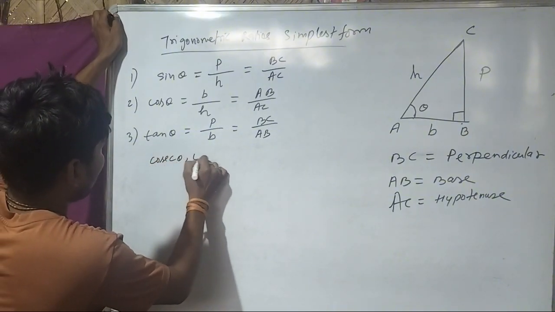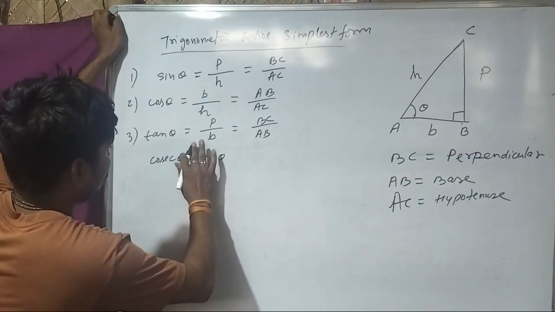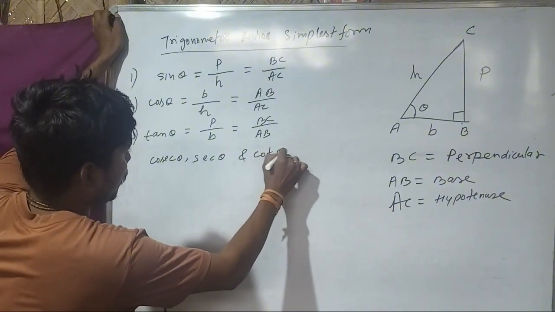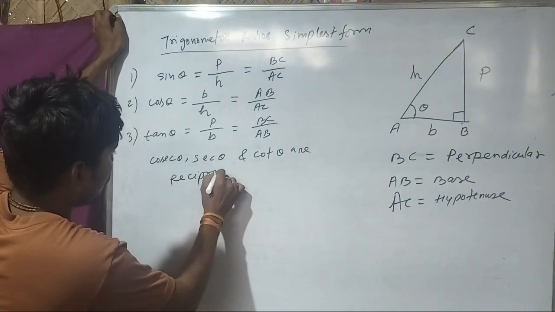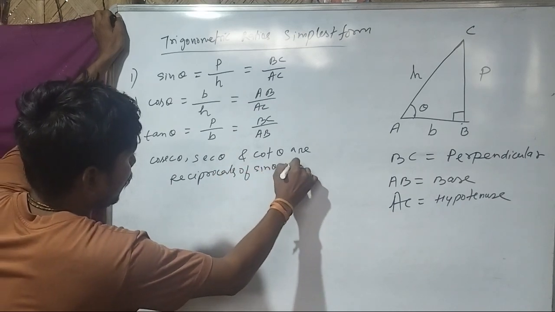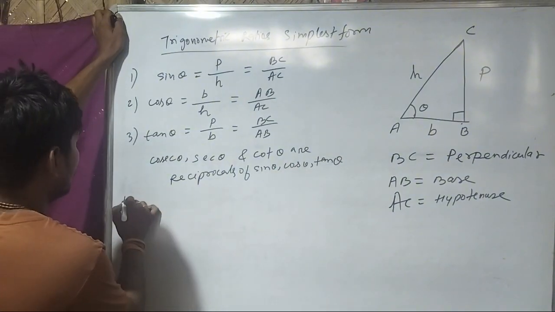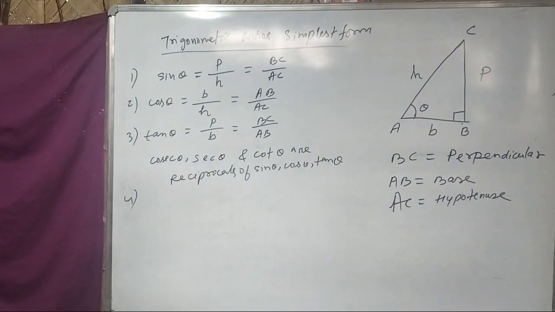Cosec theta, sec theta, and cot theta are reciprocals of sin theta, cos theta, and tan theta. Okay.